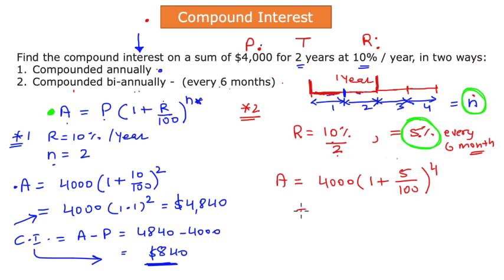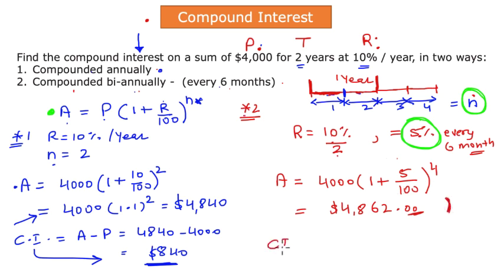When you do the simple math here, that comes out to $4,862. I'm just truncating the decimal digits, so we will ignore that for this calculation. This is the total amount paid back at the end of 2 years.